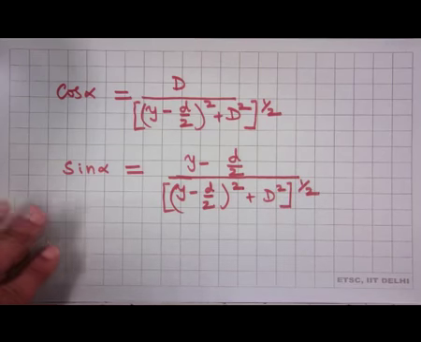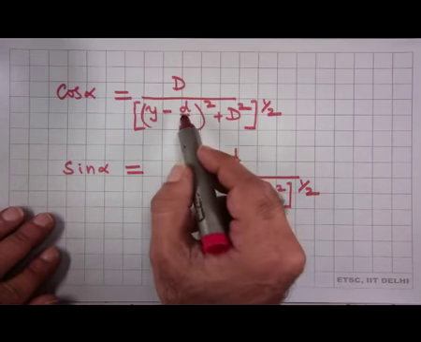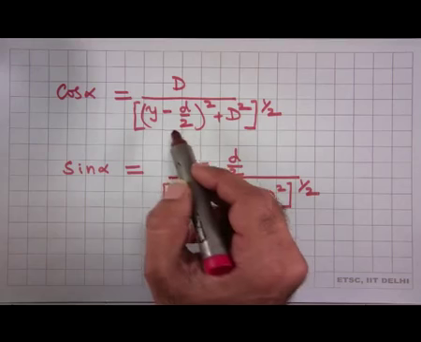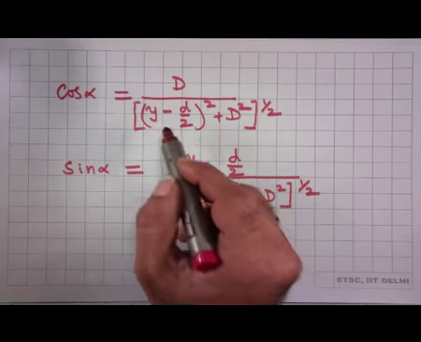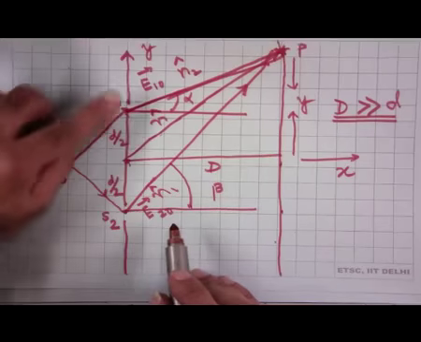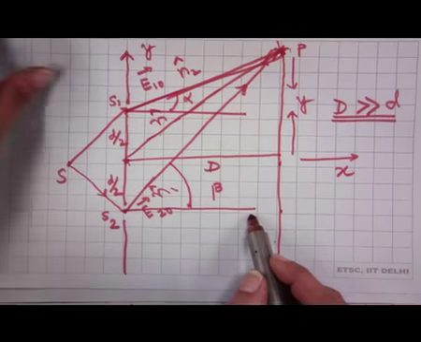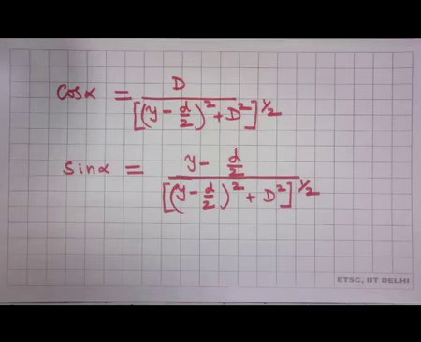What happens in the case of cos beta and sin beta? This y minus d by 2 will become y plus d by 2, because you have come further downwards, so you have increased the distance. This is at a distance d by 2, therefore it is y minus d by 2. This will be y plus d by 2.